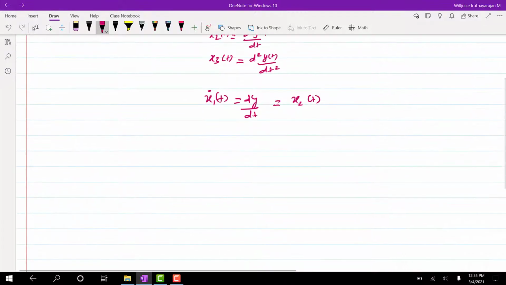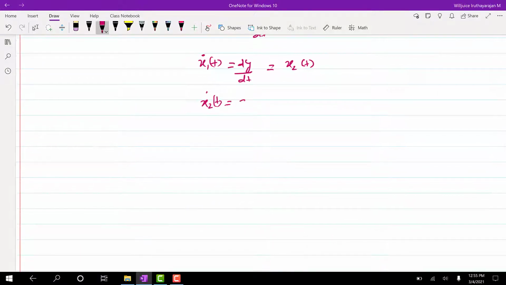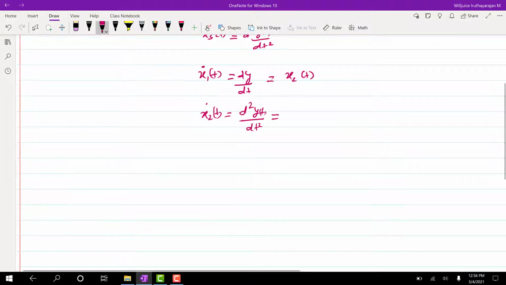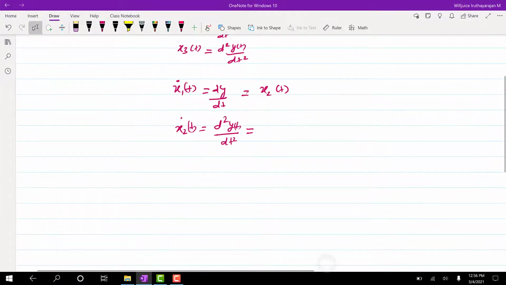Similarly, x2 dot of t: already x2 of t is equal to dy by dt, and its derivative is nothing but d squared y of t by dt square, that is nothing but x3 of t.